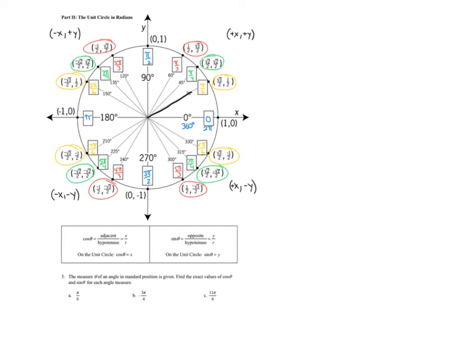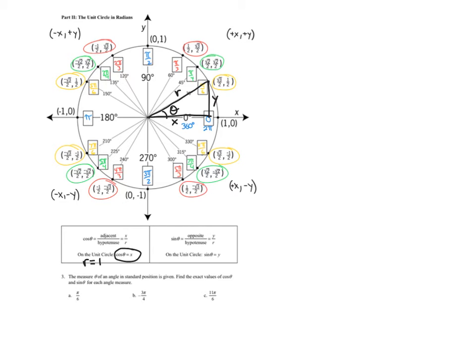So if you take a triangle where theta is the central angle, the x coordinate is the adjacent leg of the triangle, and the y is the opposite. So cosine's adjacent over hypotenuse, r is the hypotenuse. But remember that in the unit circle, r is equal to 1. So that gives just cosine is equal to the x coordinate.